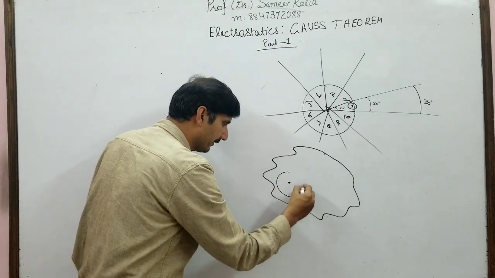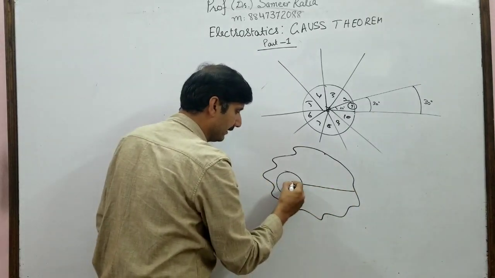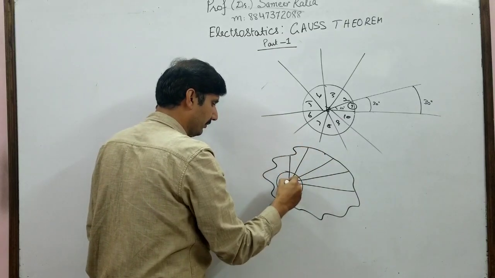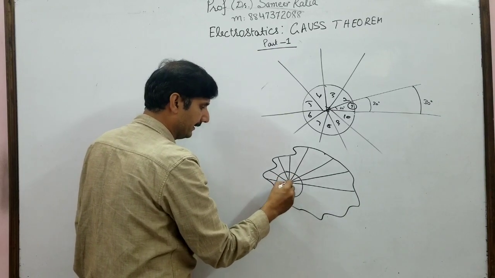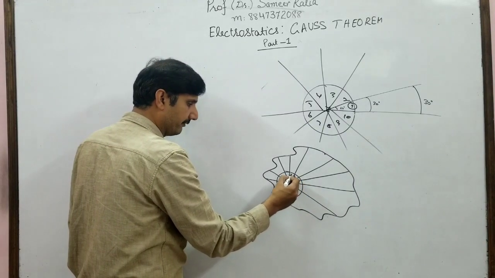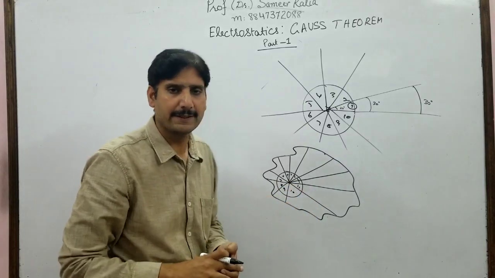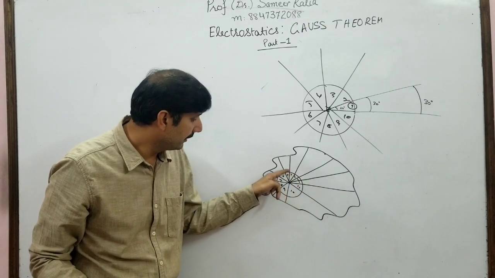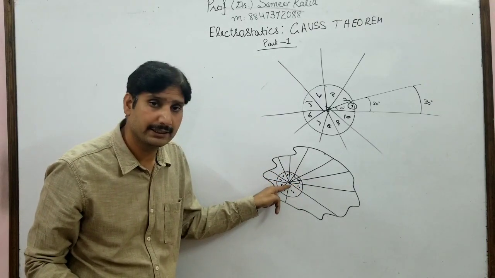Imagine a circle over here, and imagine those sections like this: 1, 2, 3, 4, 5, 6, 7, 8, 9, and let's say 10. Oh, by chance it turned out to be 11, no problem. Now, the sum of total angles subtended by these sections at that point is equal to what?